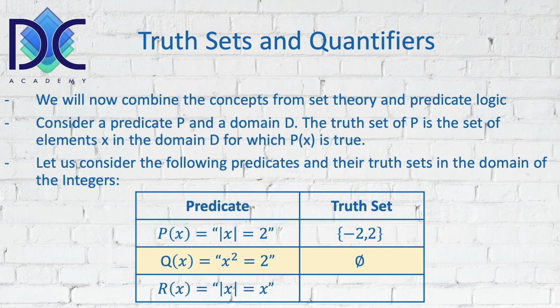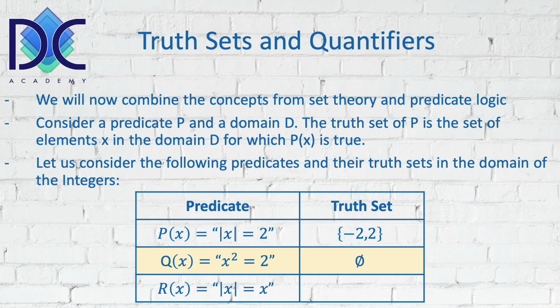And for the last one, we have the absolute value of x is equal to x. Now, what do we have here? We have to remember the definition of the absolute value. The absolute value of x is equal to x when x is positive, and the absolute value of x is equal to minus x when x is negative.